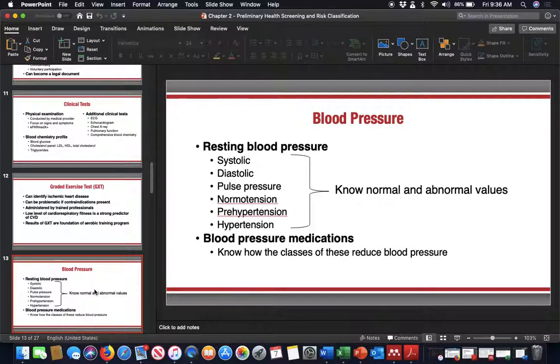Okay, normotension is normal blood pressure. Pre-hypertension is before you get to the hypertensive state, but again, it could be an indicator that things are changing for you. Then obviously people can be put on specific blood pressure medications that have certain purposes, and some people can only take certain types of them.